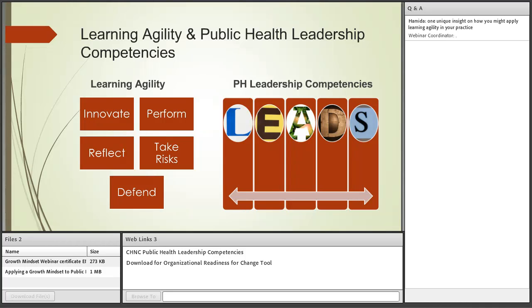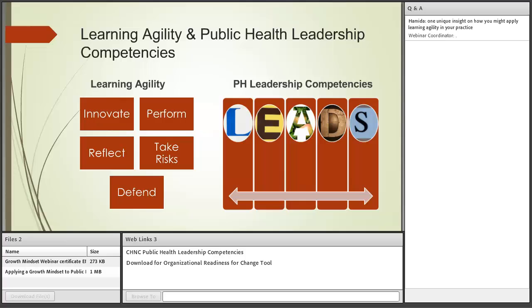Again, it's connected to achieve results, not systems transformation, where you need to be able to deliver and make progress despite the fact that you may be facing setbacks. So performing is connected to the achieving results domain. So there's a connection between the two theories, right?